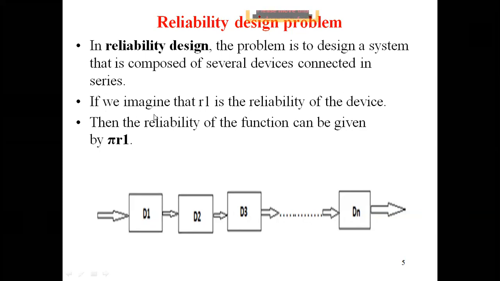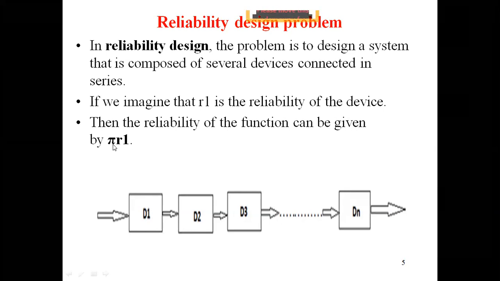Suppose R1 is the reliability of the device D1, R2 is the reliability of device D2, and Ri is the reliability of device i. Then the reliability of the system can be given by pi Ri.